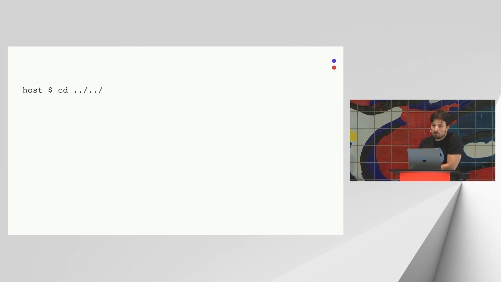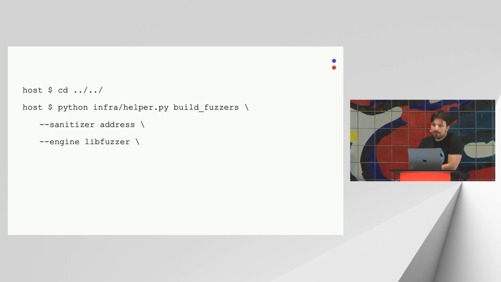And for this, we will go to the root of the OSS-Fuzz repository, and we are using the helper script again, but this time with the build_fuzzers subcommand. We are setting the sanitizer, which is the address one. We are setting the engine, which is libfuzzer, and these details also correspond to the details that you have seen in the project.yaml file.